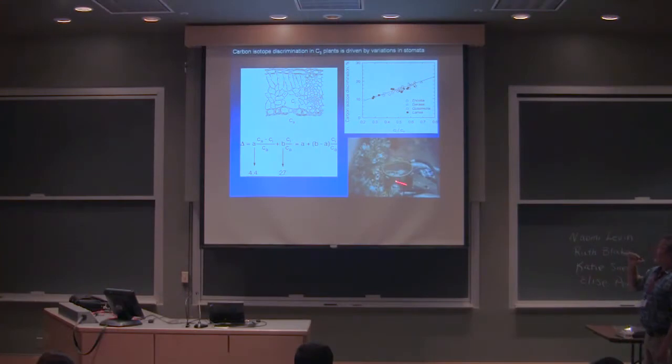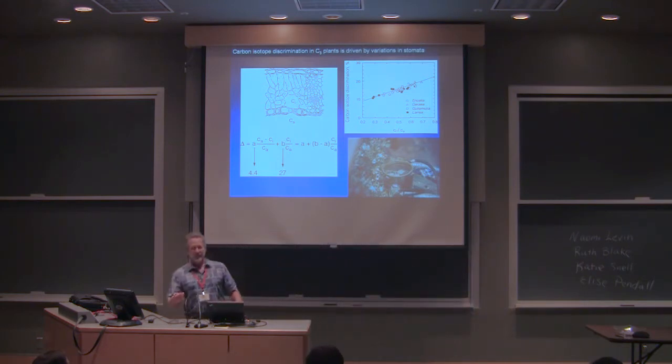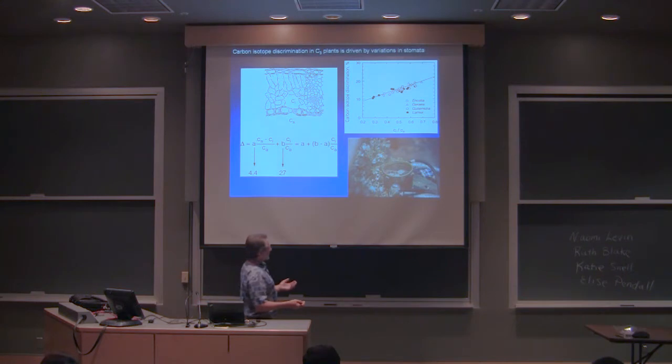Many times, in laboratory experiments, we can measure the Ci-Ca ratio, and we can make those determinations. This is a chamber in which the carbon isotopic composition of CO2 is measured in the air moving into the chamber as well as out of the chamber. You can derive from that the isotope fractionation.